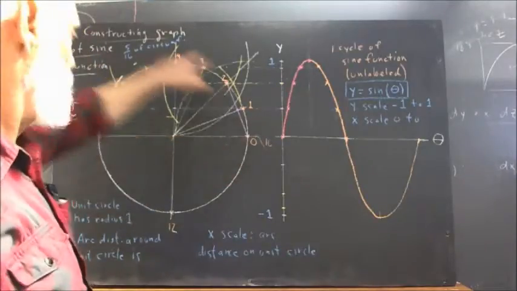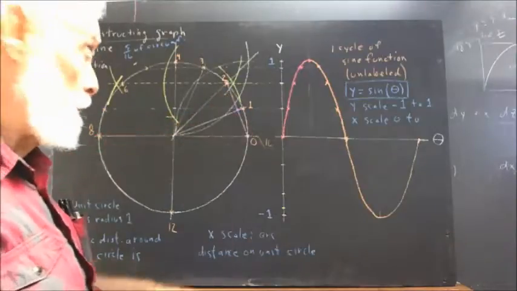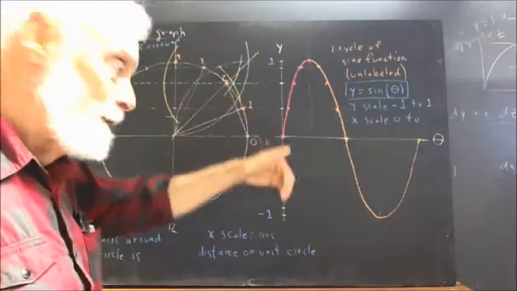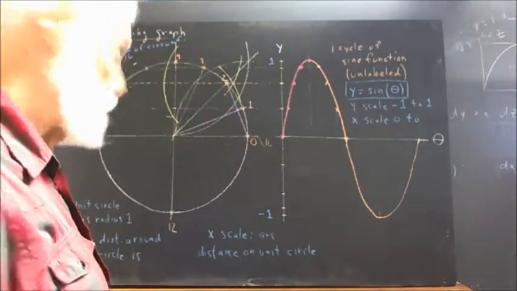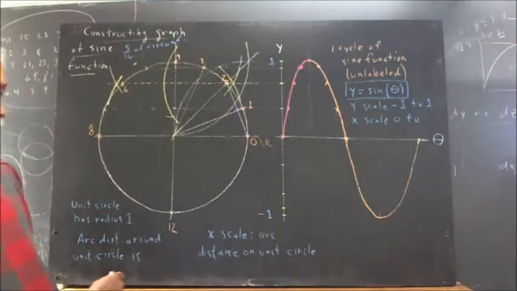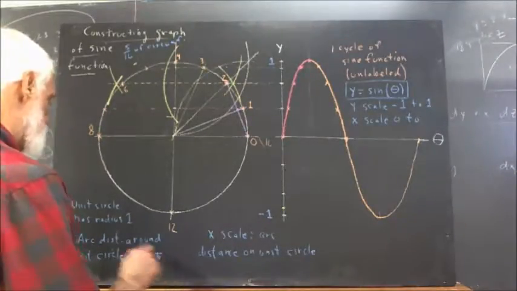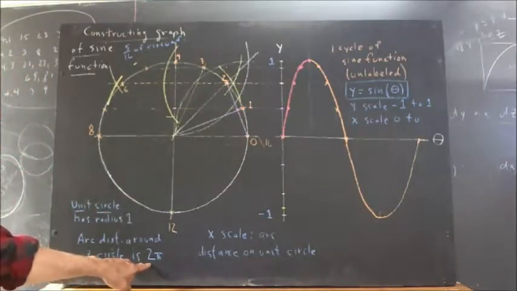If the circumference to diameter ratio is pi, it follows that the circumference has to be pi times the diameter, which is 2 pi times the radius. So the arc distance around the circle is 2 pi times the radius. This is a unit circle. The radius is just 1, so the arc distance is 2 pi.